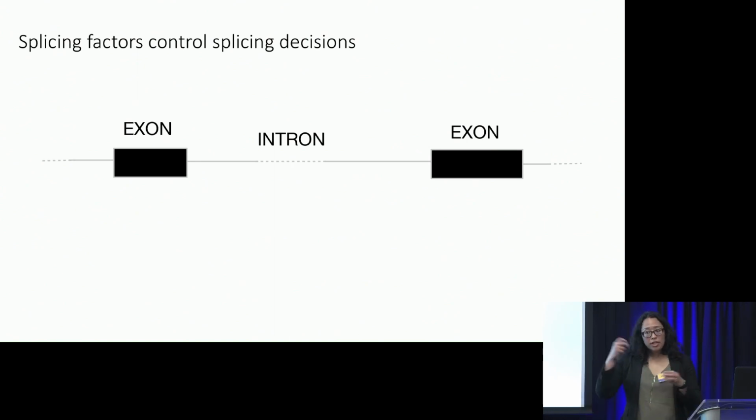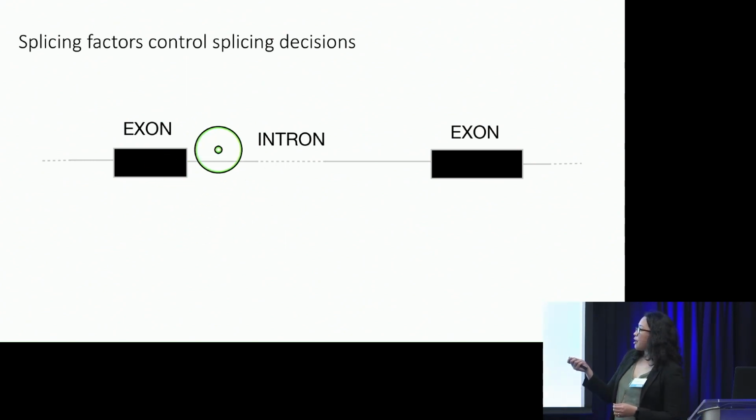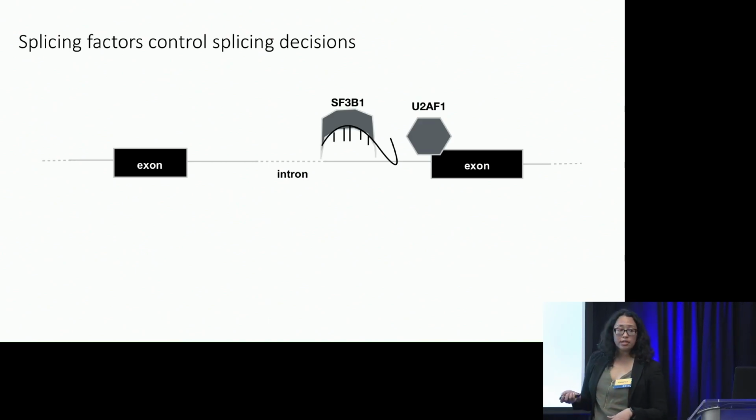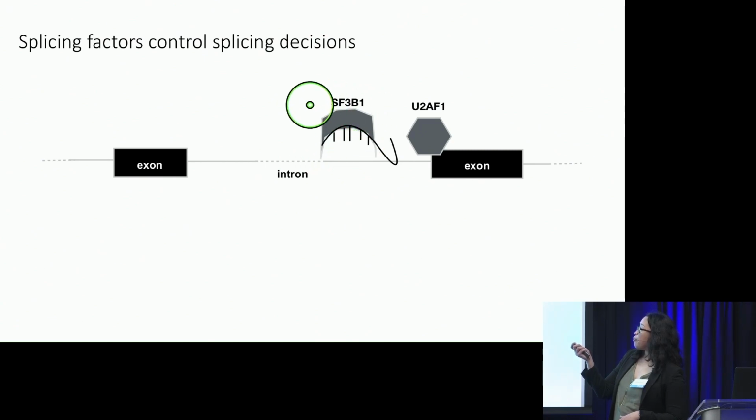Okay, so how are these decisions made? How does a cell know where to cut and paste together? It's actually these splicing factor genes that help control this process. Here I'm showing, again, two exons as boxes and an intervening intron as just a line. The two factors that we study in the lab, one is called SF3B1, and the other is called U2AF1.